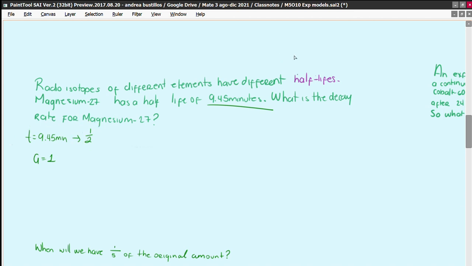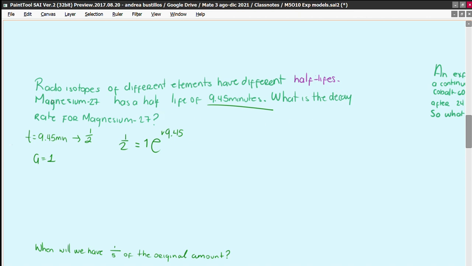Why? Because we're talking about half-lives. So I'm being asked what is the decay rate for magnesium. To do that, I'm going to plug the information in as usual. I know what I want: I want half of the original amount to happen after 9.45 minutes. So I want to find the rate.